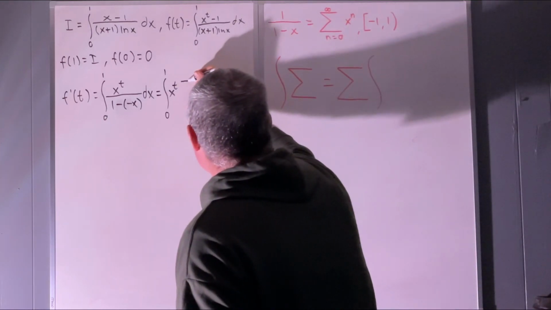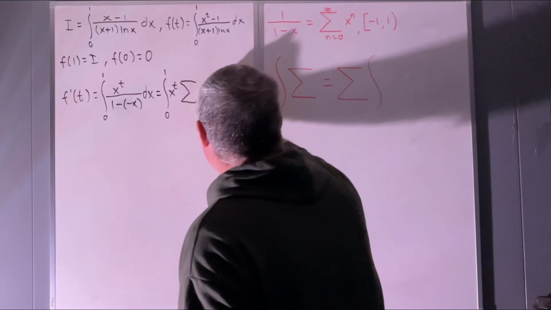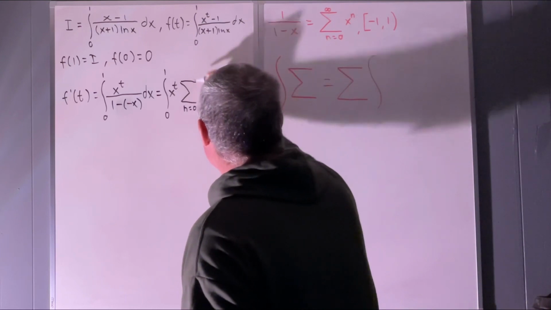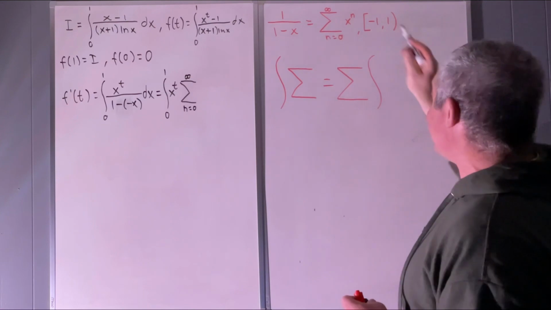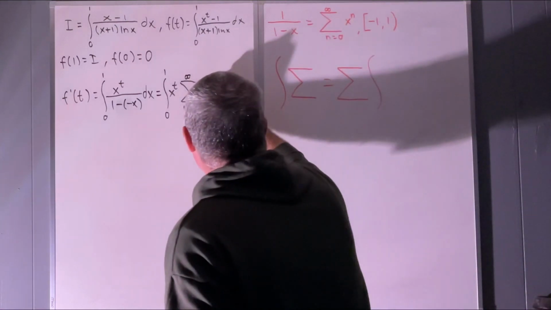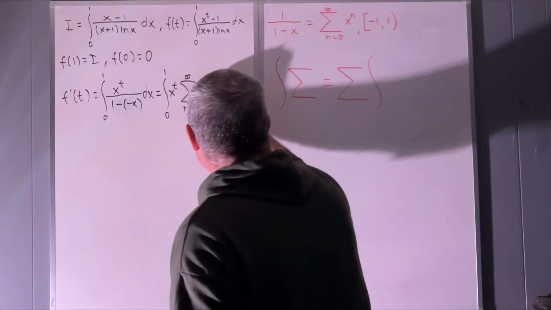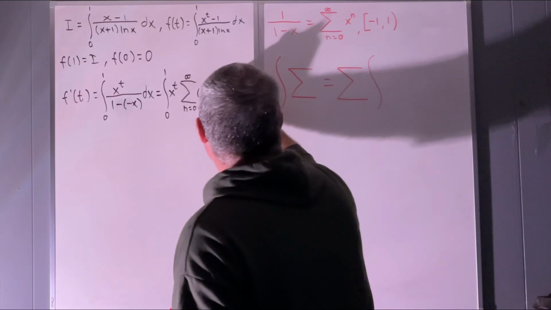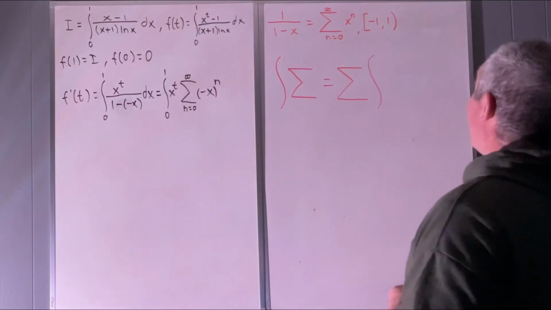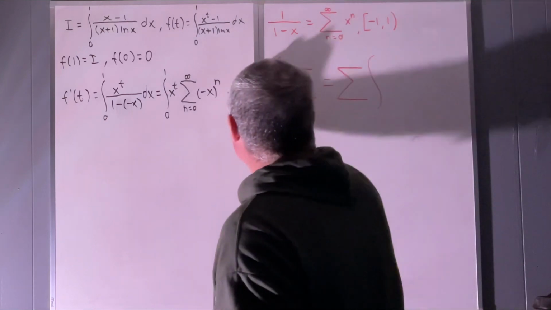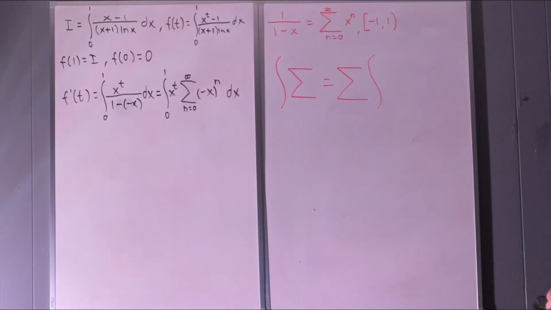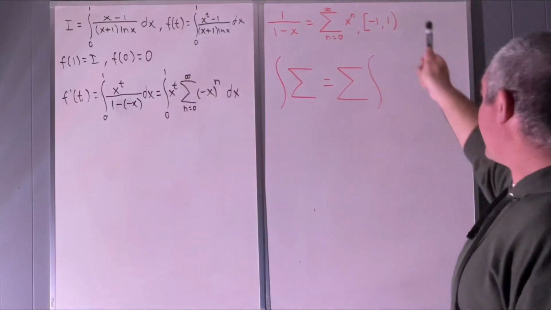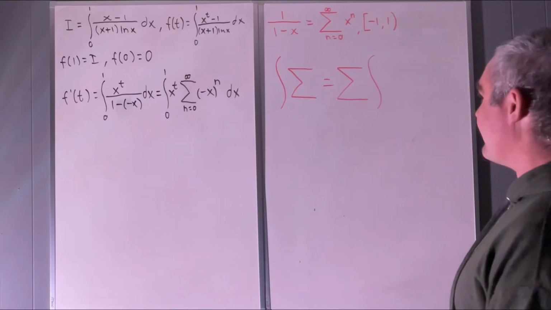So this would be the sum from n equals 0 to infinity of negative x to the n. And then, of course, we'd have dx. Those two functions are equivalent, of course, on our interval.